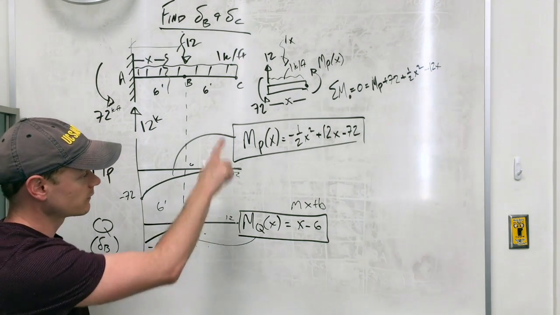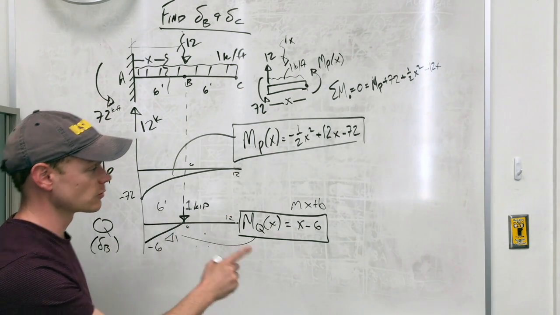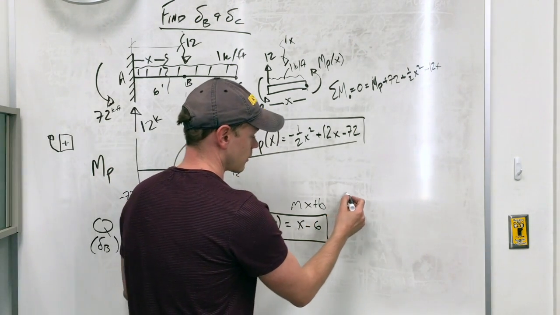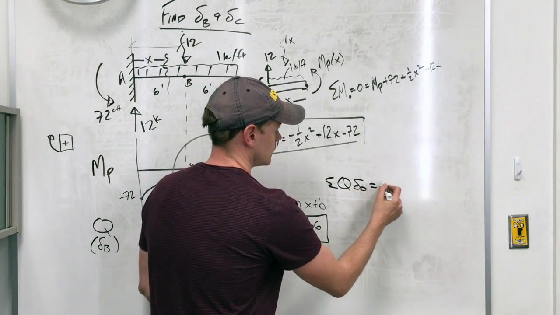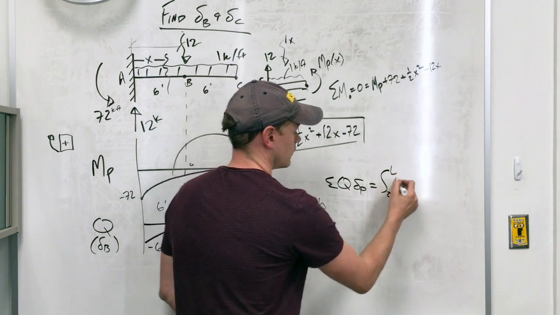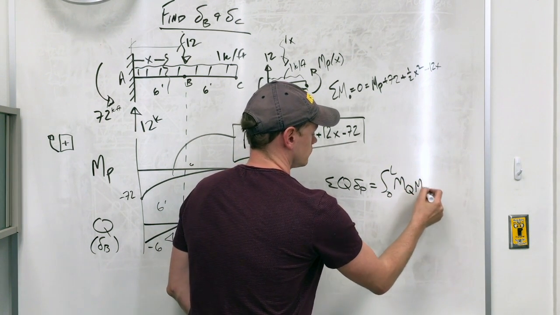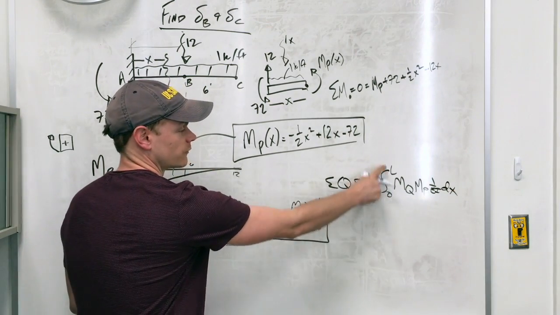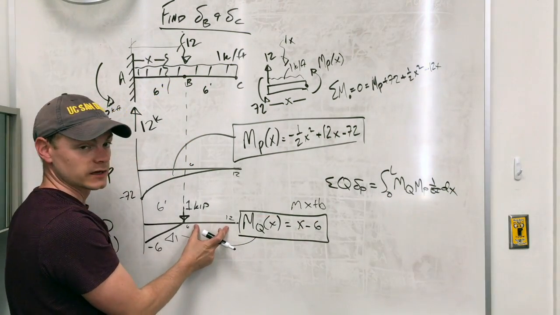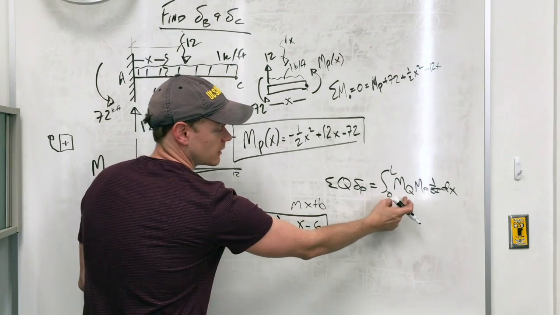So when I plug these equations into my virtual work equation, this one here, the sum of the Q's times delta P's is equal to the integral. If I go all the way from 0 to L, this whole section has 0 moment, so that whole section in the integral is going to be 0.